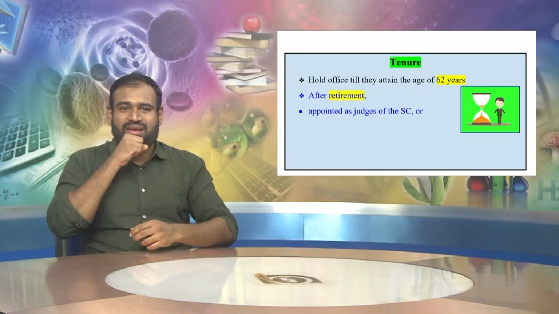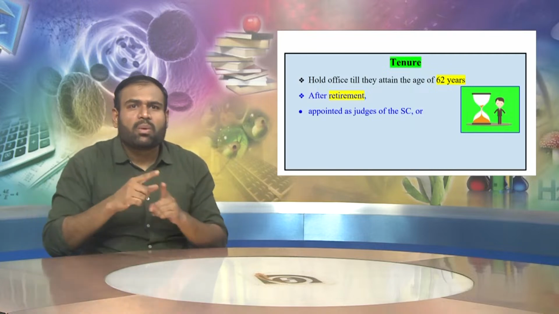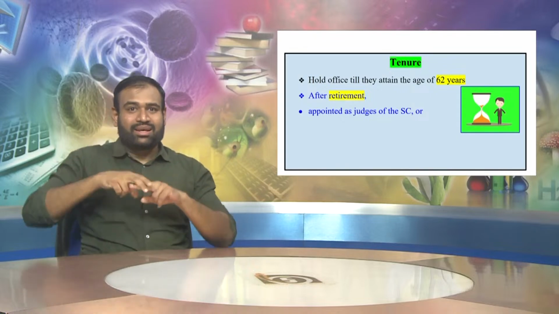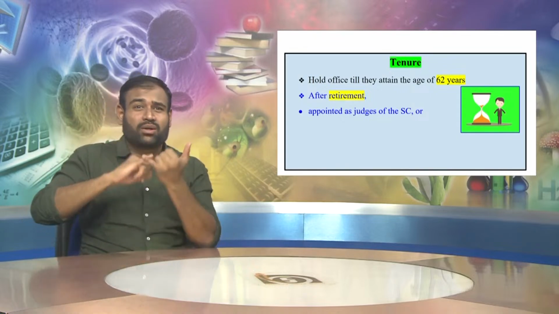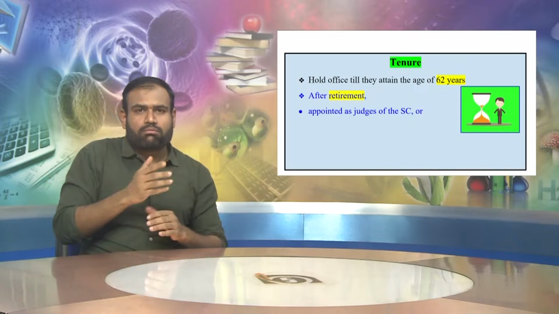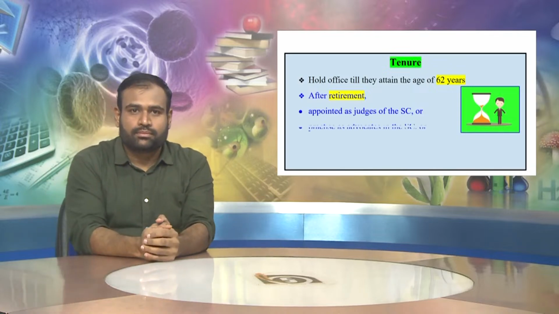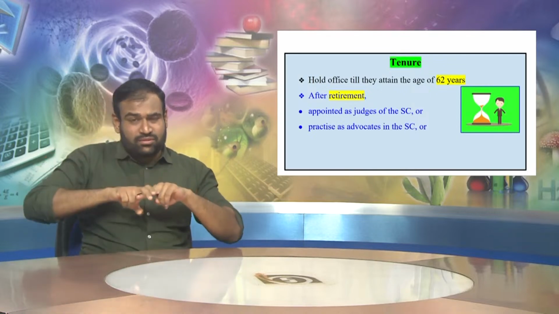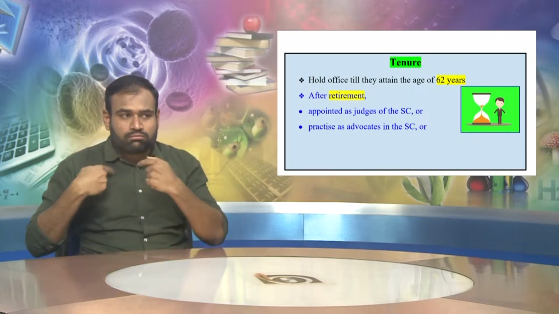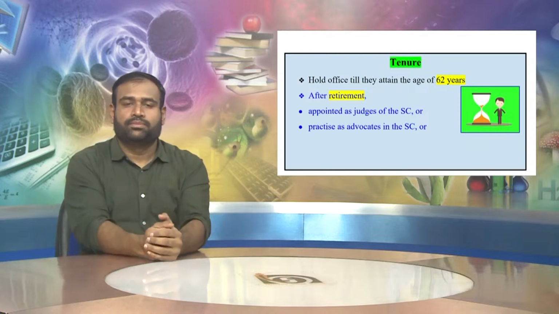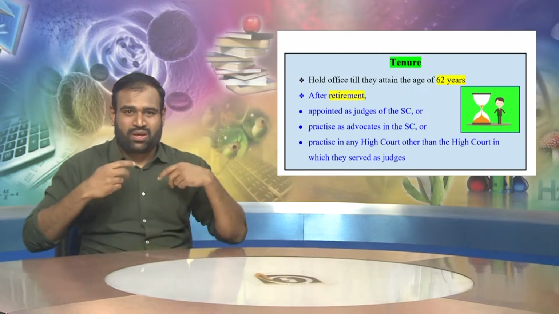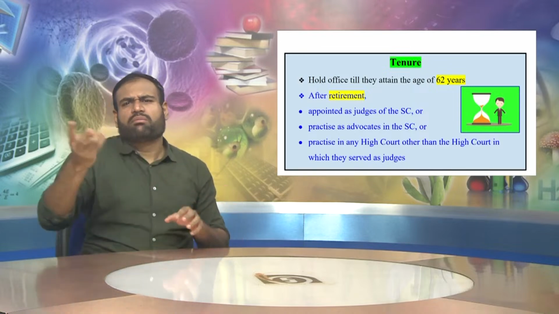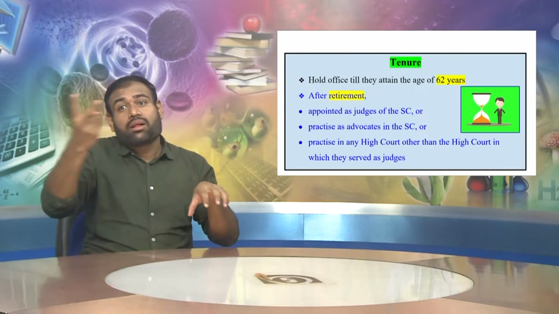After retirement, they can be appointed as judges of the Supreme Court, or practice as advocates in the Supreme Court, or practice in any high court other than the high court in which they served as judges.